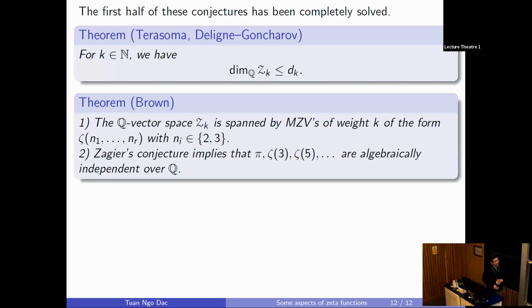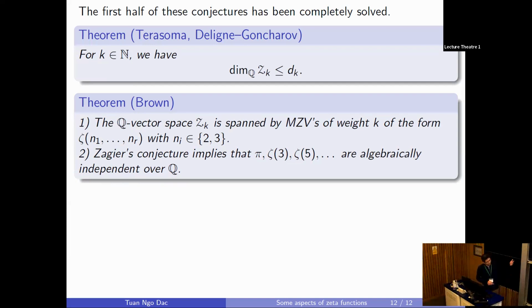It says that we need only know the dimension of Z_k, and it implies a very strong result, the conjecture I talked about before: pi, zeta 3, zeta 5 are algebraically independent over Q. This is quite stunning, because you just need to know the dimension of something to imply that there is no relation among these numbers. This was done by Francis Brown in 2012.